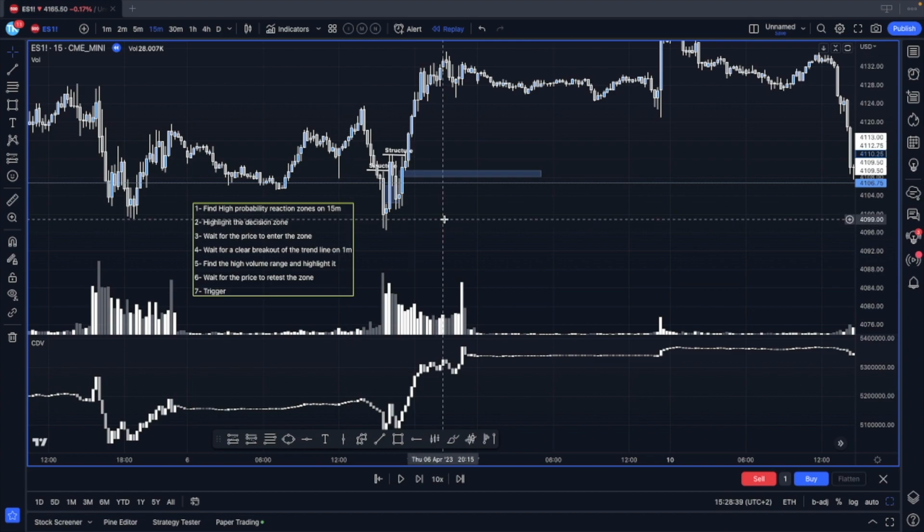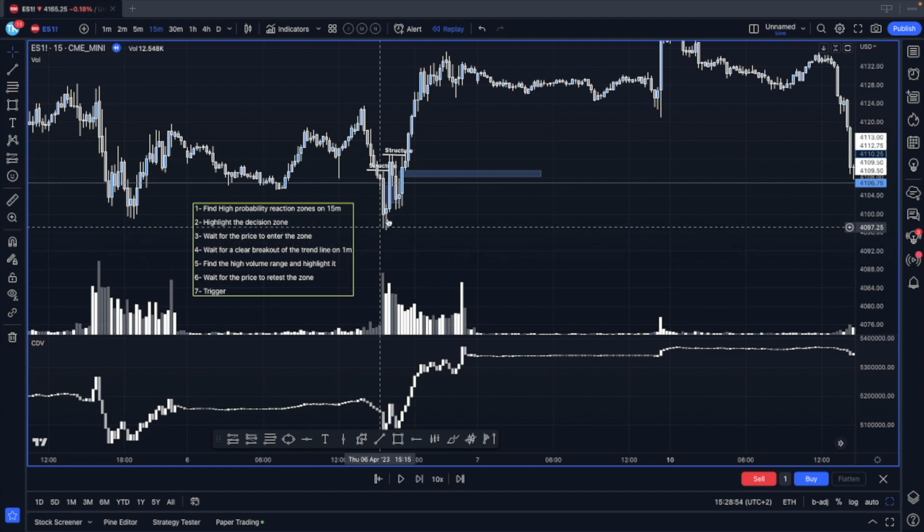Now this will be less easier on TradingView because we cannot be so precise because we don't have volumes, you don't have footprint, we don't have values. Okay, so if you use a trading platform, you can be so much more precise because you clearly see the emission of volumes, and I'm going to show you exactly what I mean.